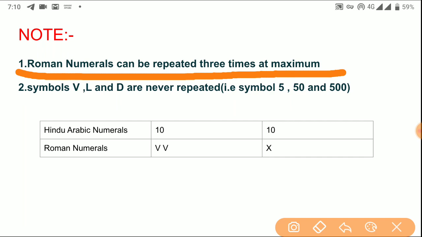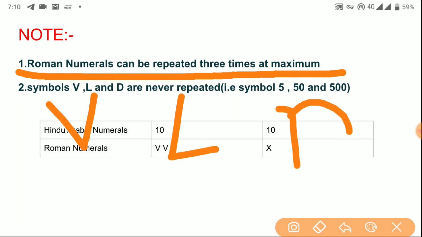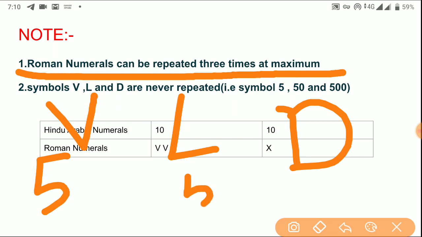Now one more note is there, that some Roman numerals can never be repeated, and those Roman numerals are V, L and D. The value of V is 5, the value of L is 50 and the value of D is 500.